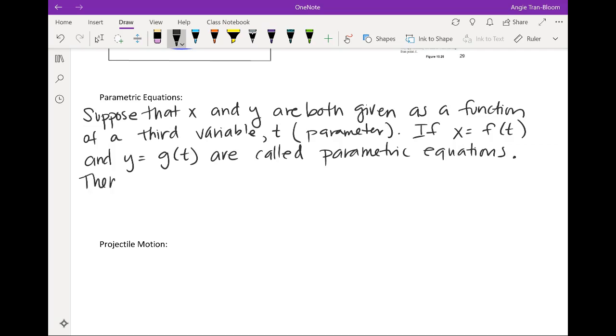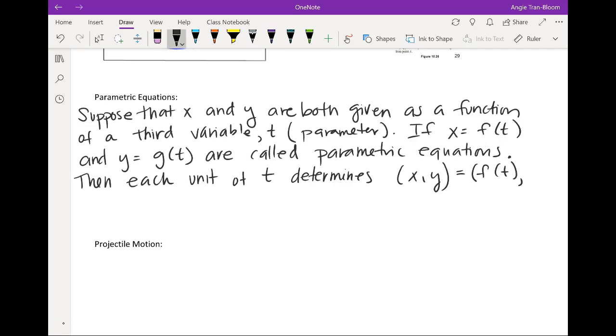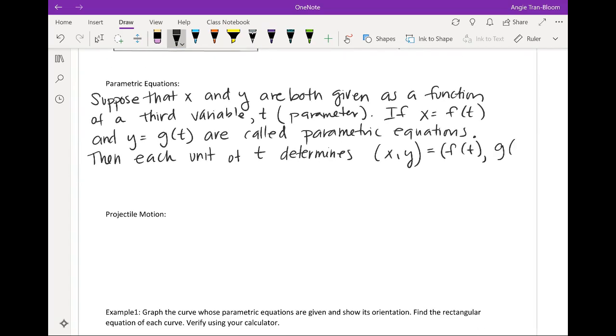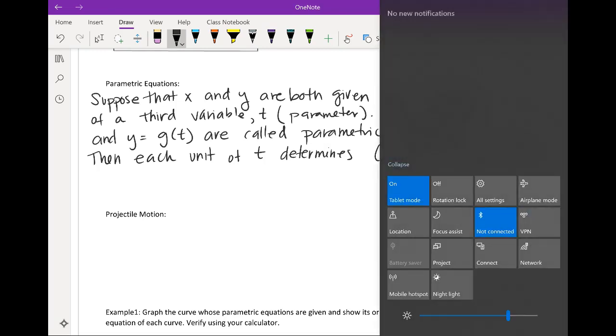Then each unit of t determines your x comma y. Okay. Now some of you like the function notation better. X was given as an f of t, so this is the same thing as saying f of t comma g of t, if you like function notation better. So each t, each amount of time, determines one point for your parametric.